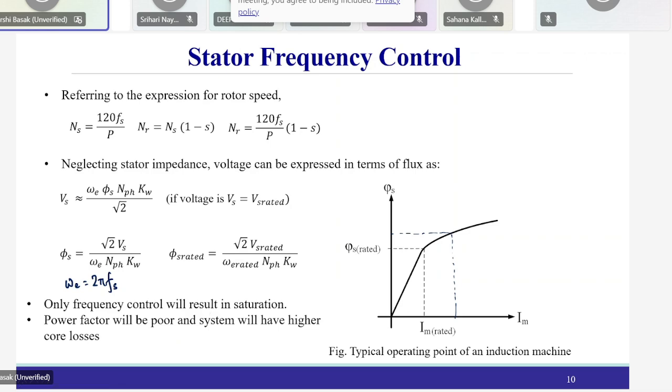If it occurs in the saturation region, the problem will be that it will draw a huge magnetizing current, and in an induction motor we know that the power factor is actually poor. So the power factor will become even poorer if you go for simple frequency control. That is why simple frequency control is also not applicable.